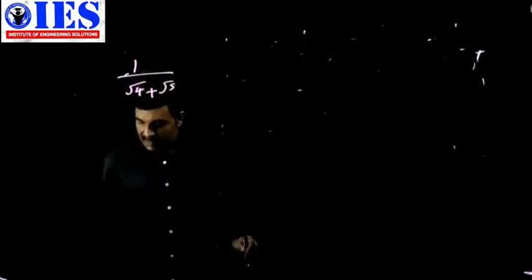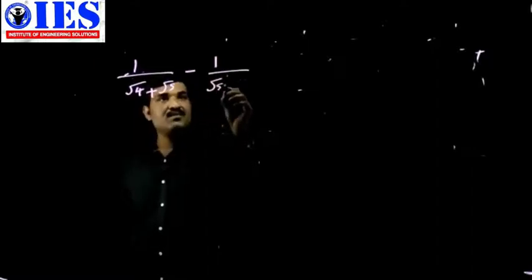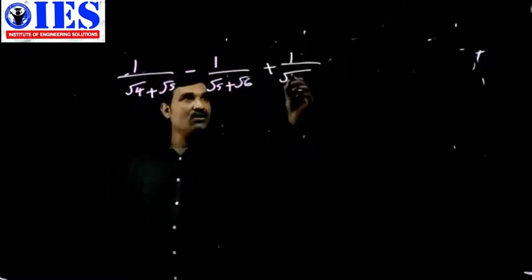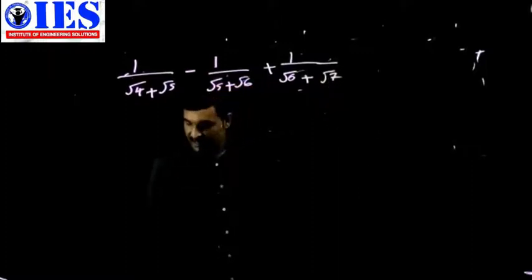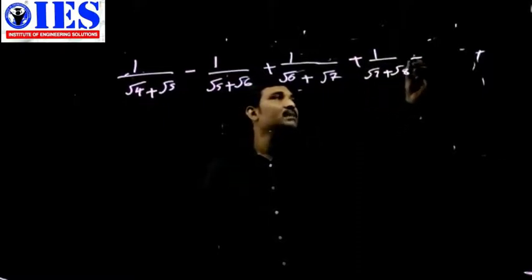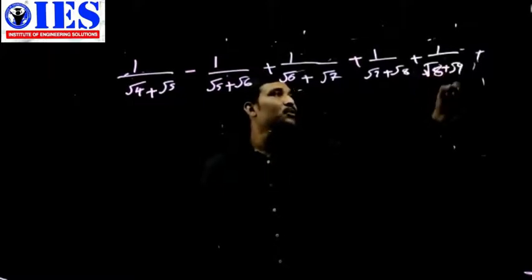1 divided by square root of 4 plus square root of 5, minus 1 divided by square root of 5 plus square root of 6, plus 1 divided by square root of 6 plus square root of 7, plus 1 by square root of 7 plus square root of 8, plus 1 divided by square root of 8 plus square root of 9.